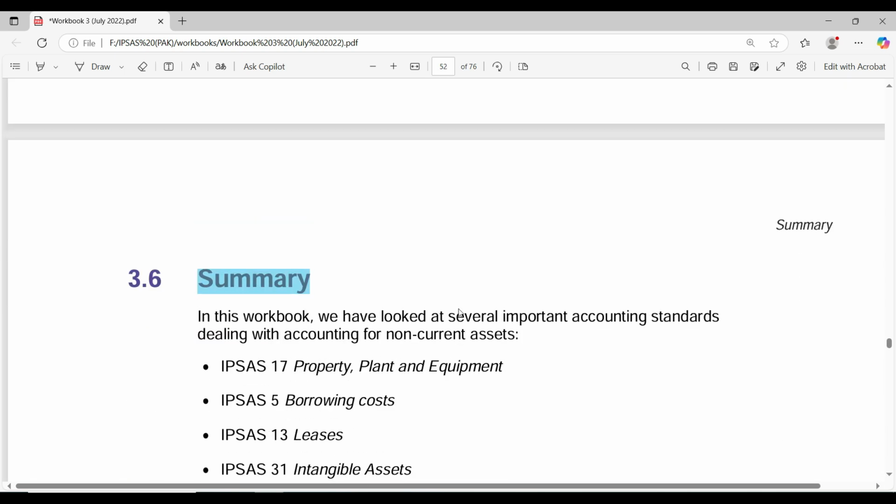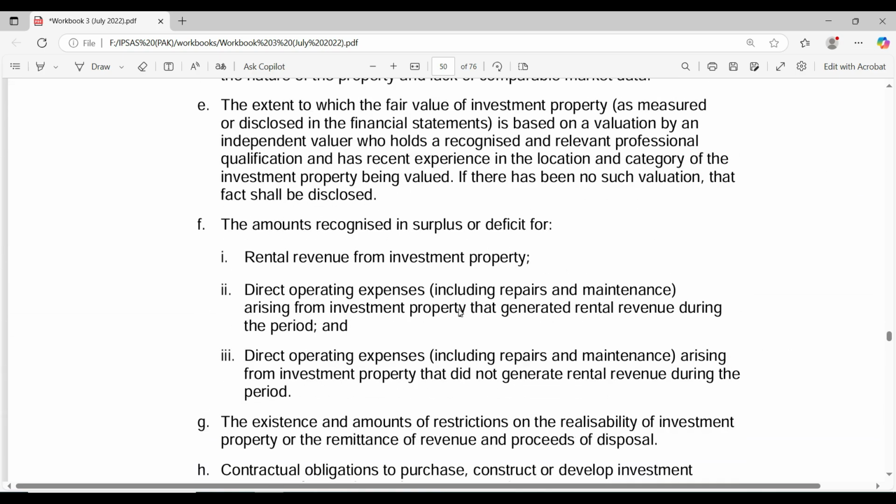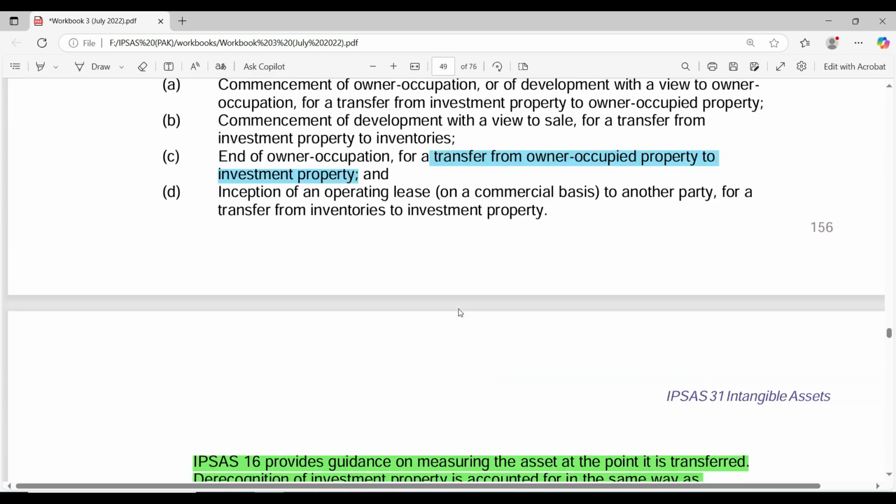Here is the end of IPSAS 16 on investment properties.